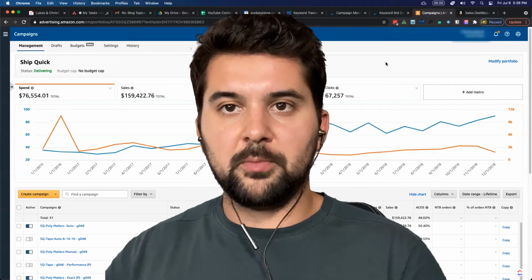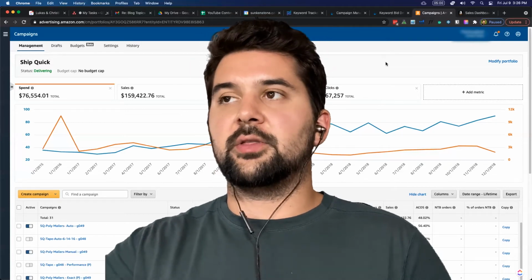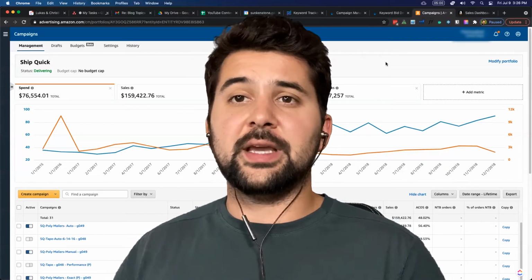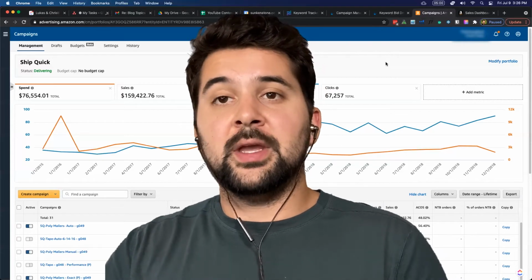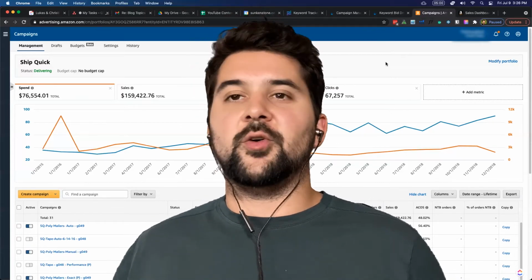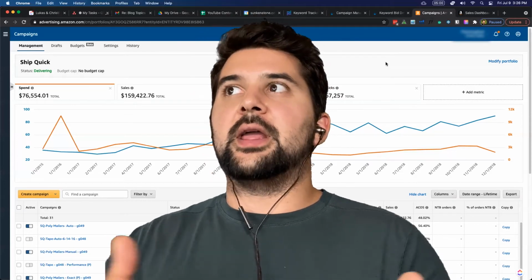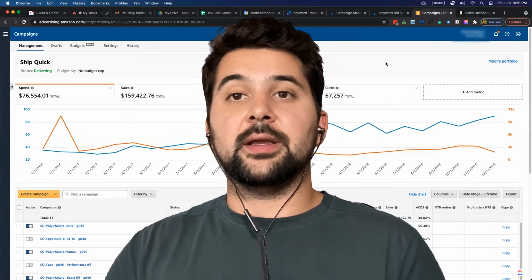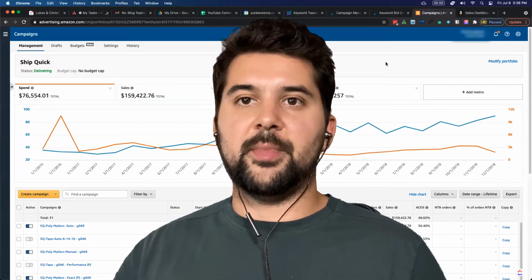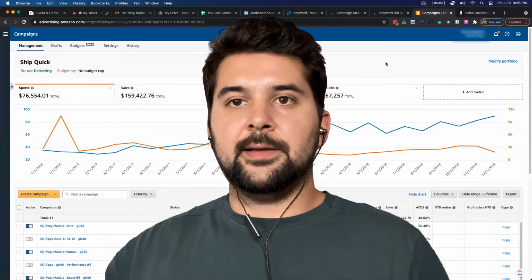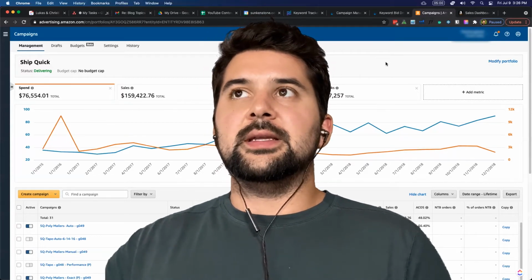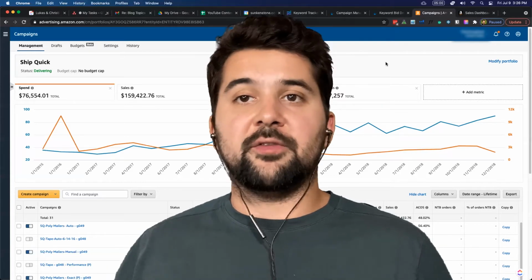Totally depending on the account, but just a good barometer to think of. So if I did that, where would my TACoS be? And depending on my TACoS, how much damage is there going to be? Am I able to continue operating at this amount? If I go beyond, is that going to hurt the profitability of my account?